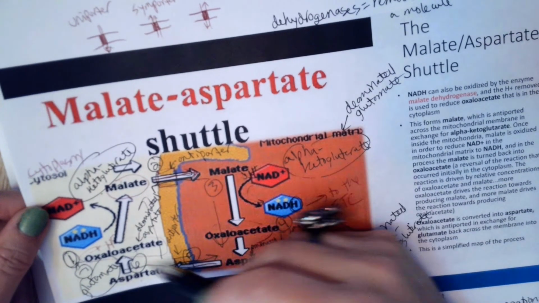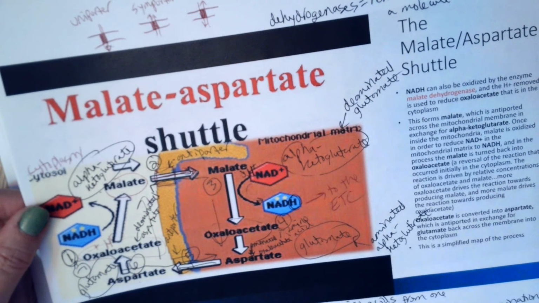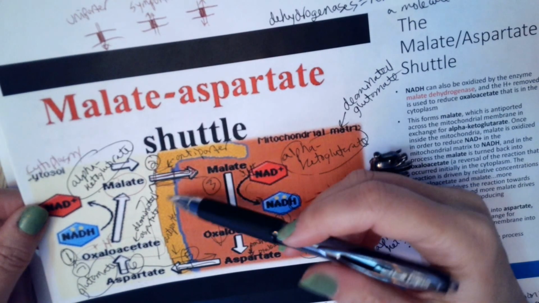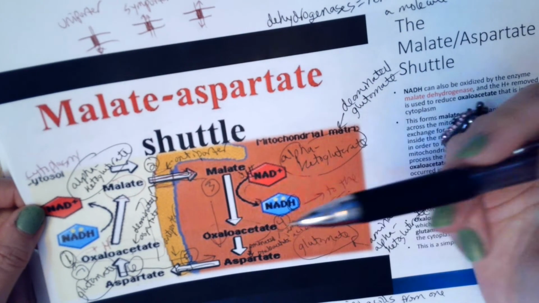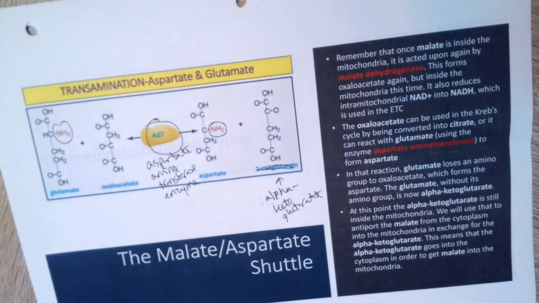And then keeping our supplies of these molecules that are important for this transport shuttle mechanism replenished, keeping them in the right place, whether they are in the cytoplasm or in the mitochondria, so that the shuttle can just keep working around and around and around.